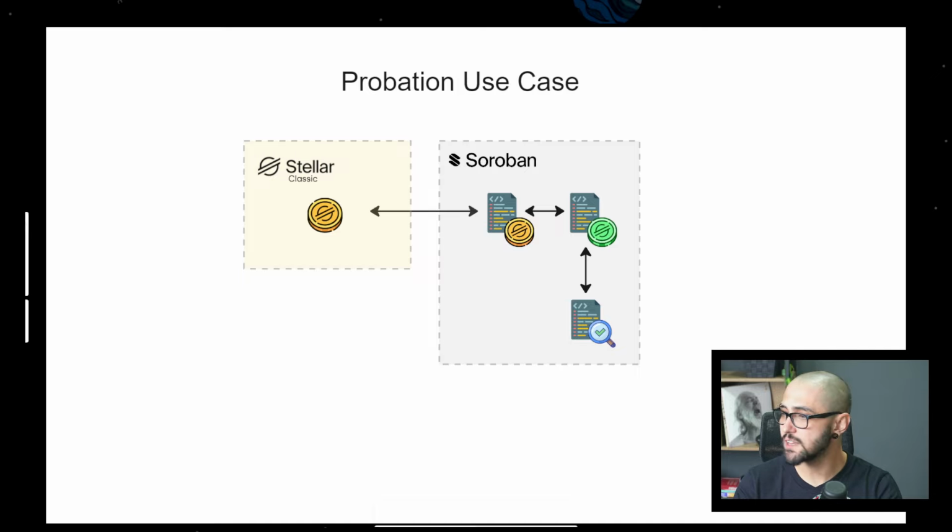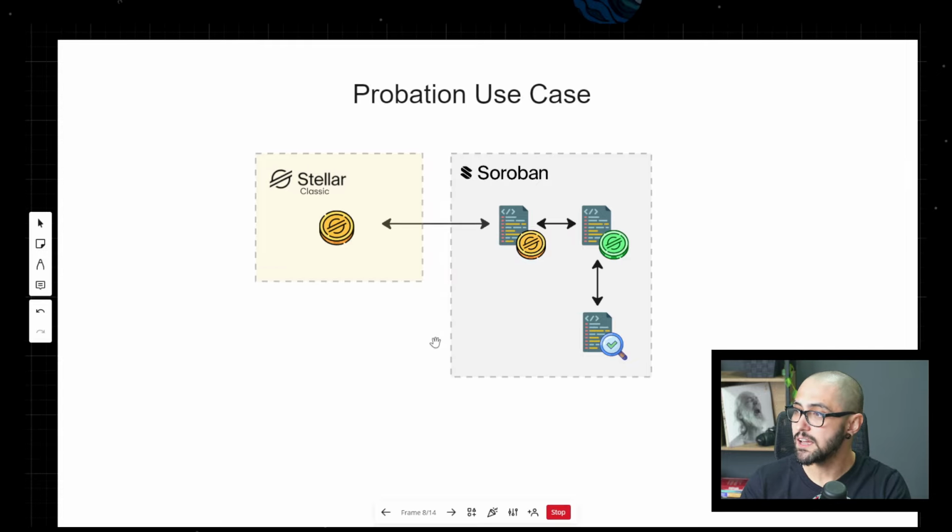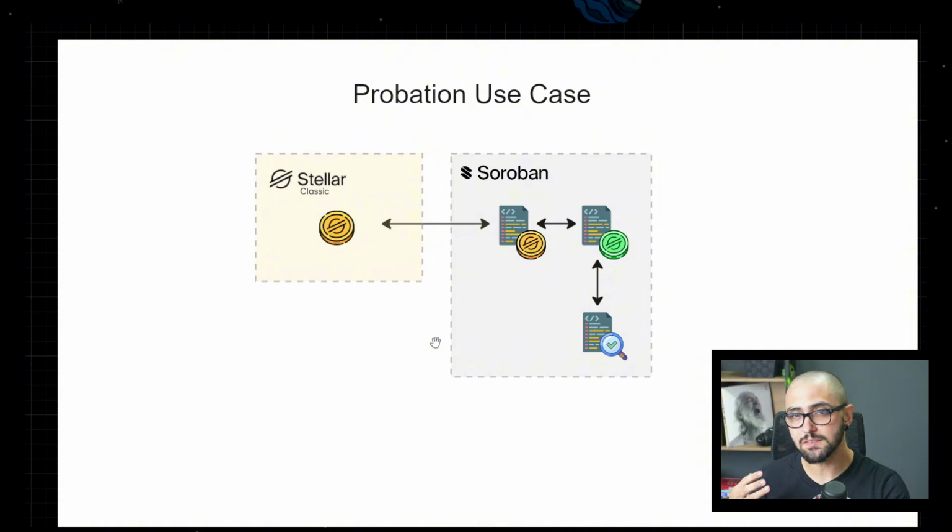Alright, so let's start by explaining what this use case does. If you've seen the other series we had on regulated assets, you'll notice that this is a similar use case, but this time it's been leveraged from a pure Soroban token to the wrapper approach. In this way, we are going to make sure that classic assets can also benefit from those specific rules and those specific behaviors.